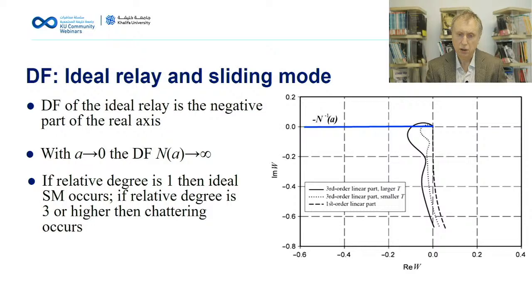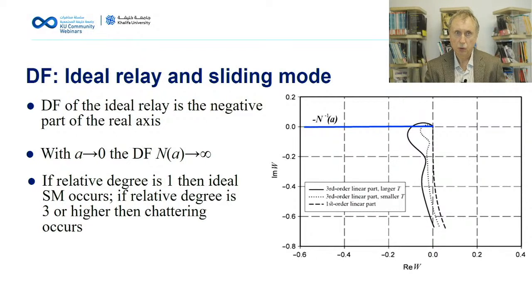You can see that the dashed line doesn't have any point of intersection with this blue line except the origin, and the dotted and solid lines have those points of intersection with this blue line, which give us the frequency and amplitude of the oscillations.